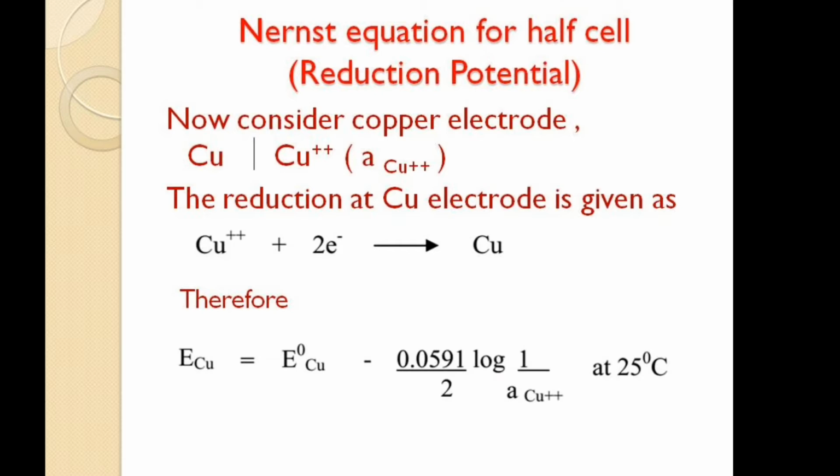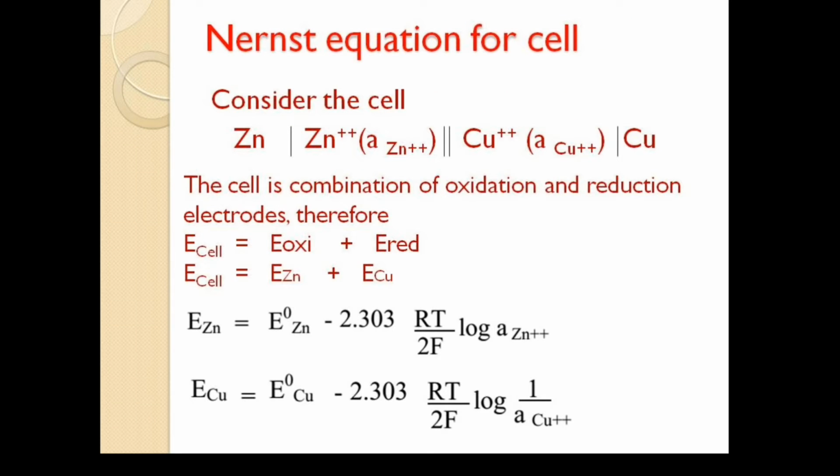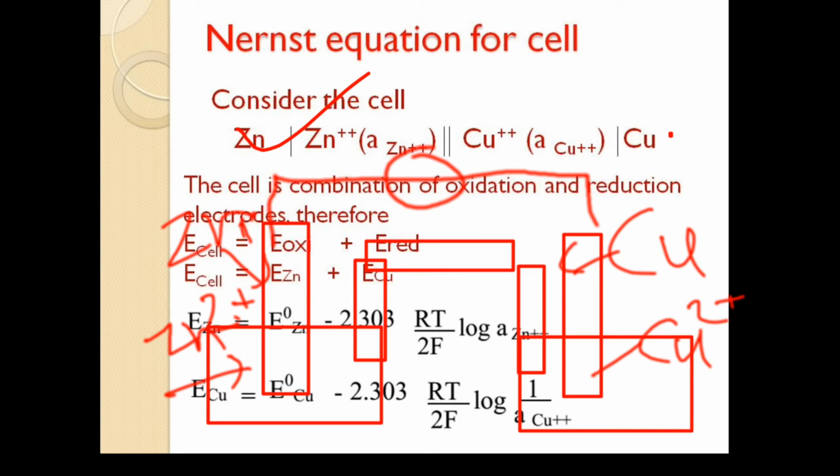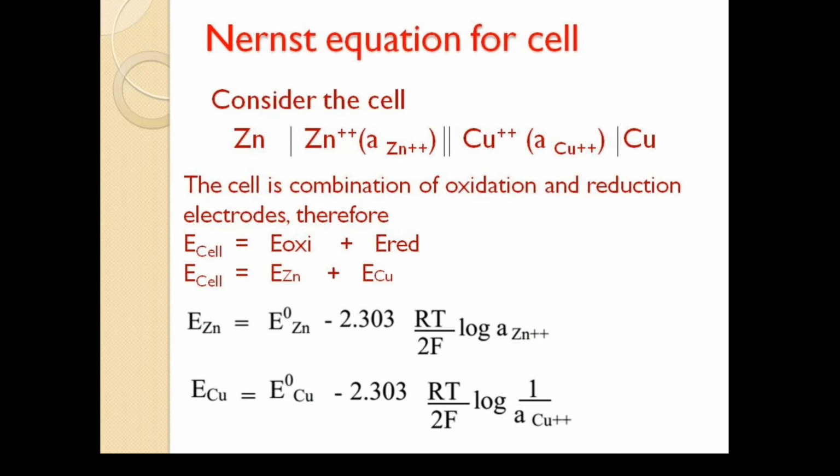Now let's derive the Nernst equation for a complete cell. As you know, a zinc rod dipped in ZnSO4 solution is one half cell, and a copper rod dipped in CuSO4 solution is the second half cell. The solutions are connected by means of a salt bridge, whereas the metal rods are connected by means of a potentiometer. So this is a complete cell. Now the total cell potential is obtained by adding the oxidation potential on the left hand side electrode and the reduction potential on the right hand side electrode.